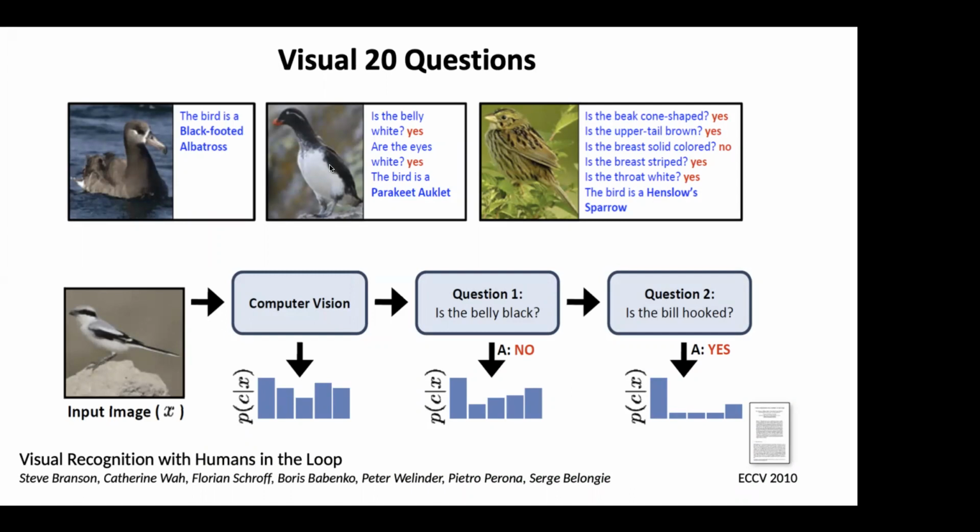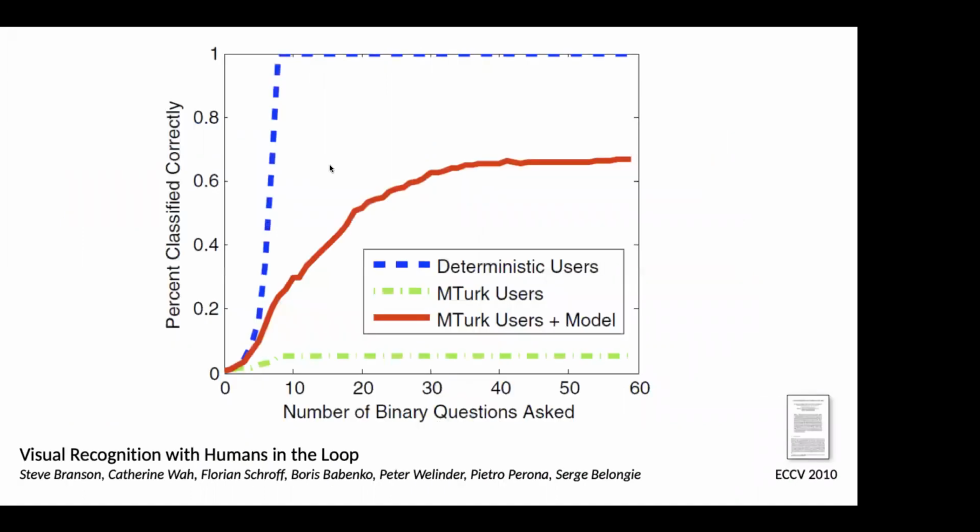The idea is you put the image into the system and proceed to reduce the uncertainty of the classification by getting all these questions or part clicks answered. So we were able to show that humans and machines working together can get an answer fairly efficiently.